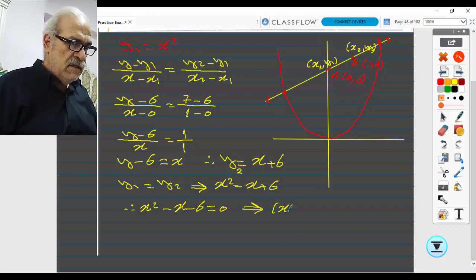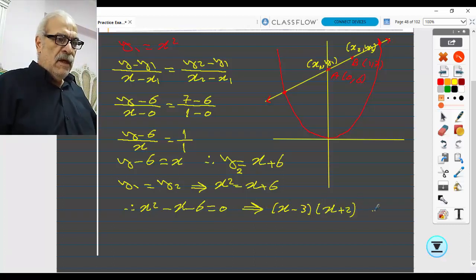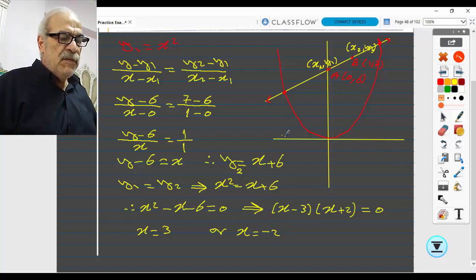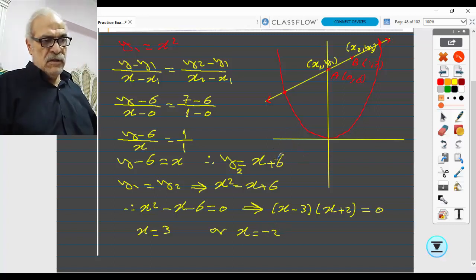It will be (x minus 3) multiply (x plus 2) equals 0. So x equals 3, or x equals negative 2. So this is the point of intersection.